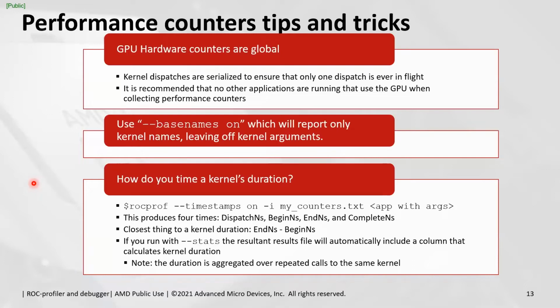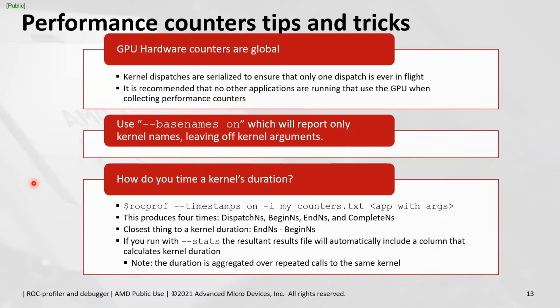There is another way. If you use --stats with your rocprof, it will give a resultant file which will include all the kernels and their statistics, including how much time was spent on the GPU by that kernel, and what was the percentage, or the occurrence of that kernel over time.